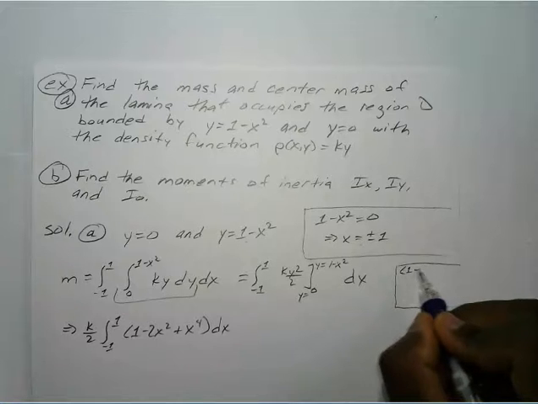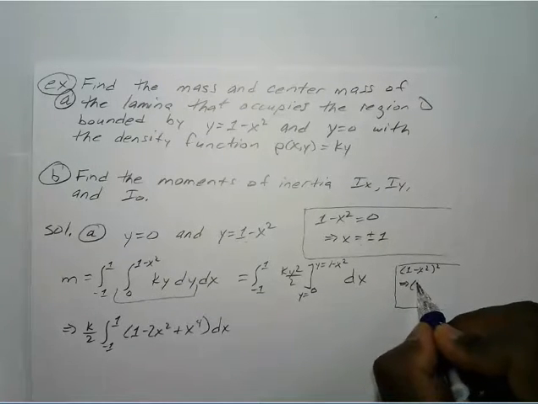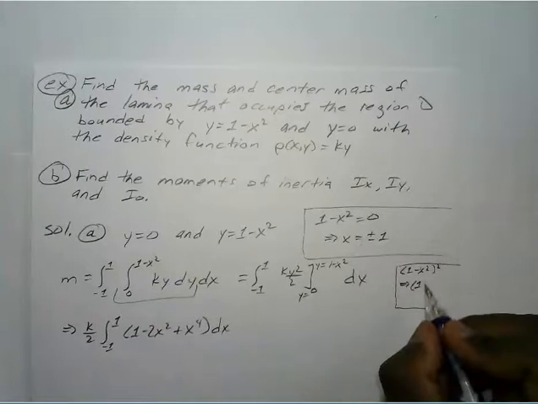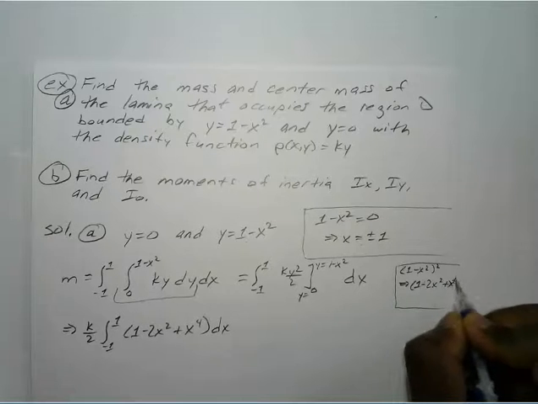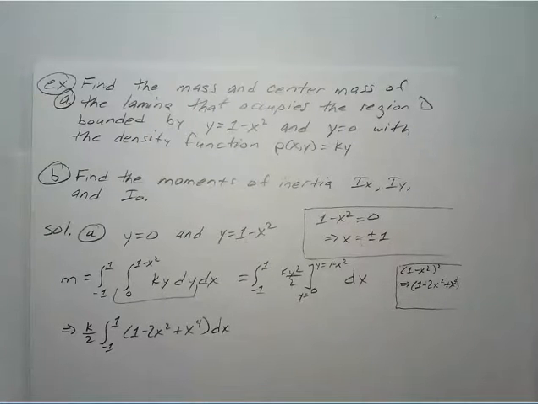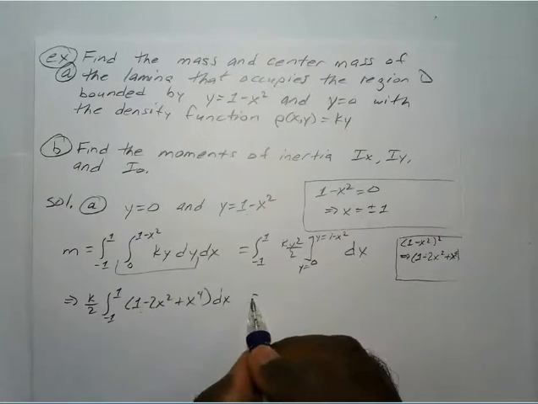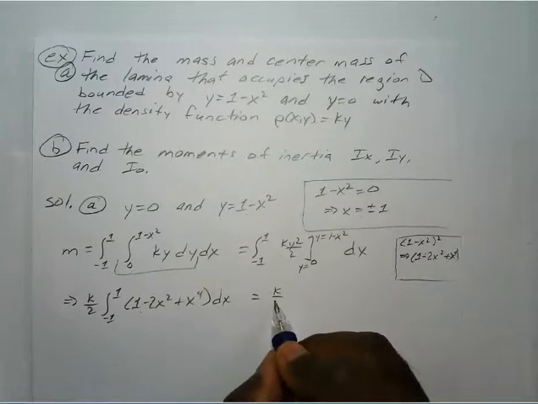So 1 minus x squared, squared, is 1 minus 2x squared plus x to the fourth. If we integrate each one of those terms, we end up with, of course, our k over 2.